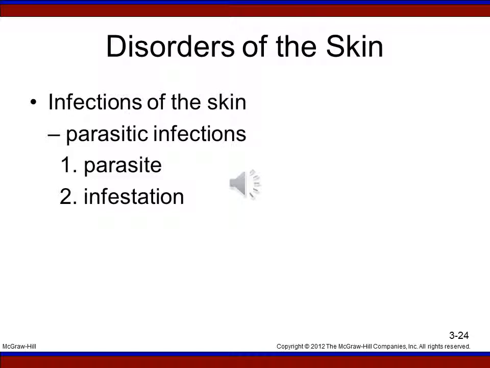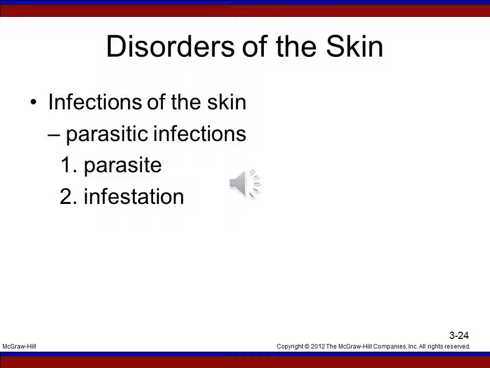An infestation is a parasitic attack or substance on the skin as well as its appendages. An infection is a disease caused by microorganism that releases toxins or invades body tissues. Infestation is attack.